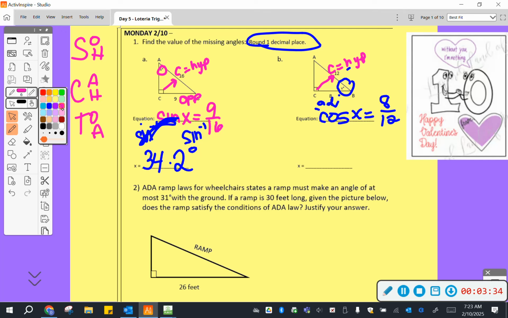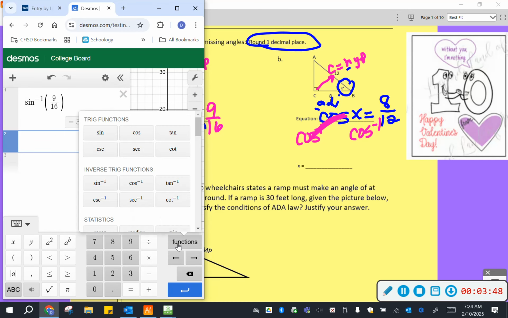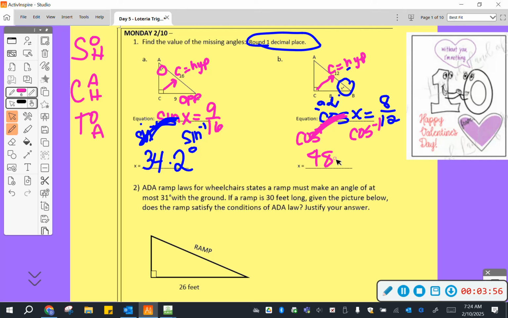And how do I get x by itself? If x is the angle, I'm going to inverse every single time, whichever function it is. And so in my calculator, I'm going to hit functions. This time I want cosine inverse of 8 over 12, which is 48.2 degrees. Please write that down.